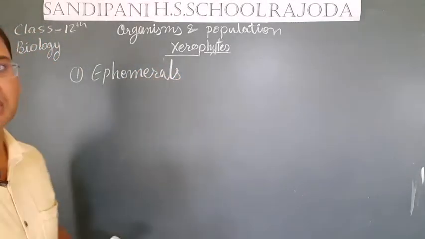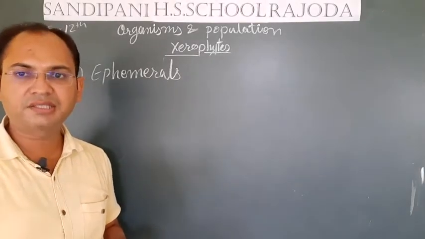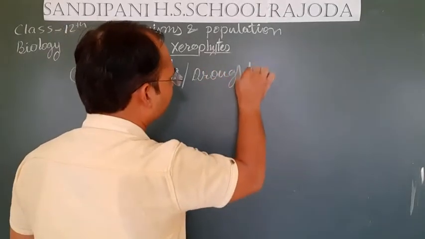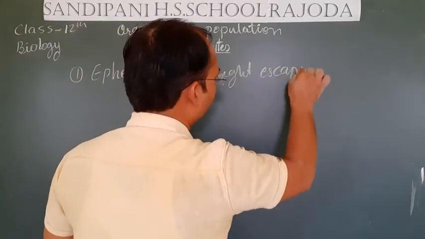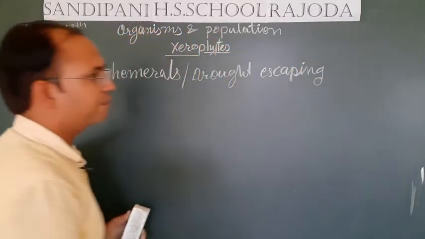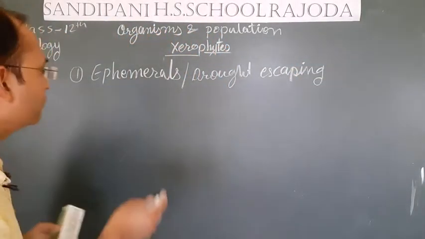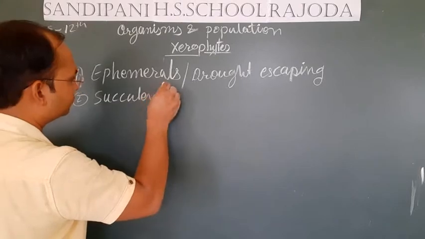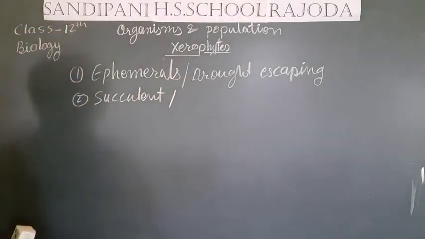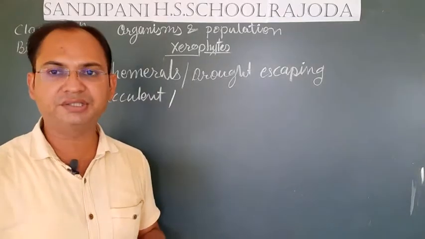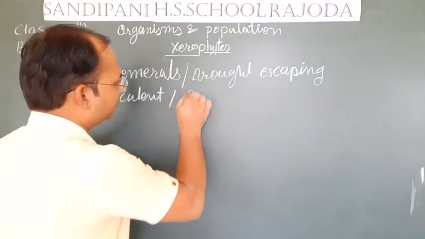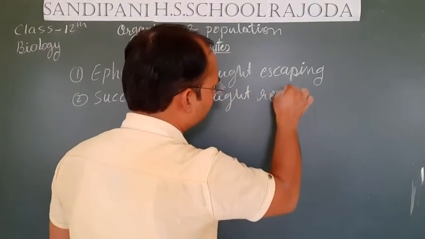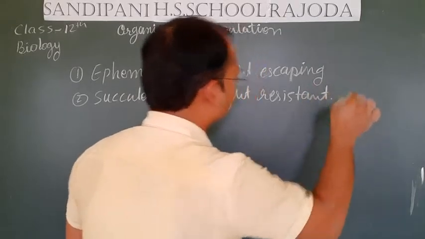Ephemerals, or drought escaping plants. Second are succulent plants, or we also call them drought resistant plants.